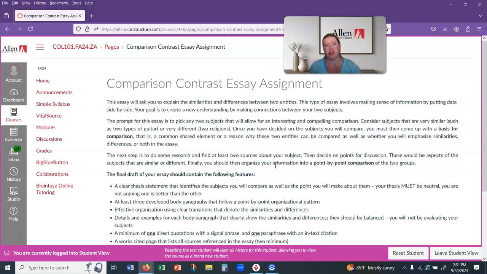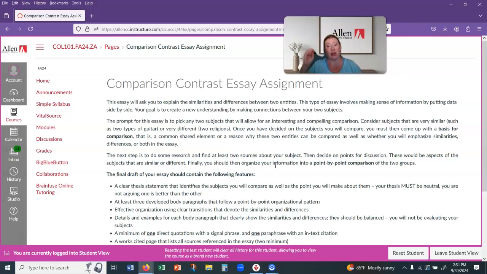Or nurses and nurse practitioners, or nurses and doctors. There are a lot of things that people use interchangeably, where you might focus a lot of that essay on pointing out the differences between them.